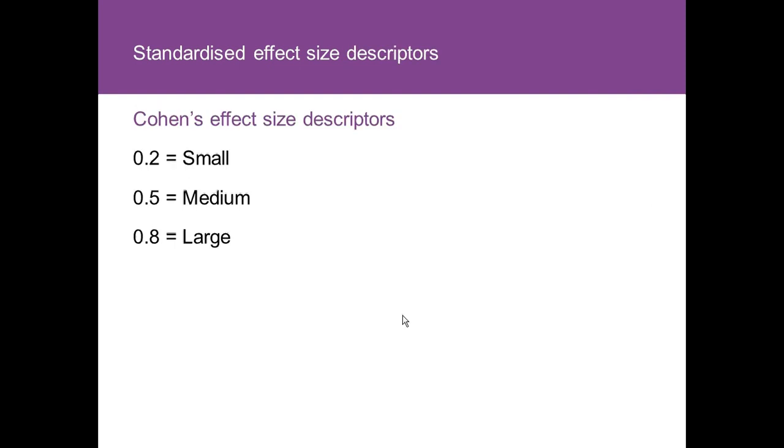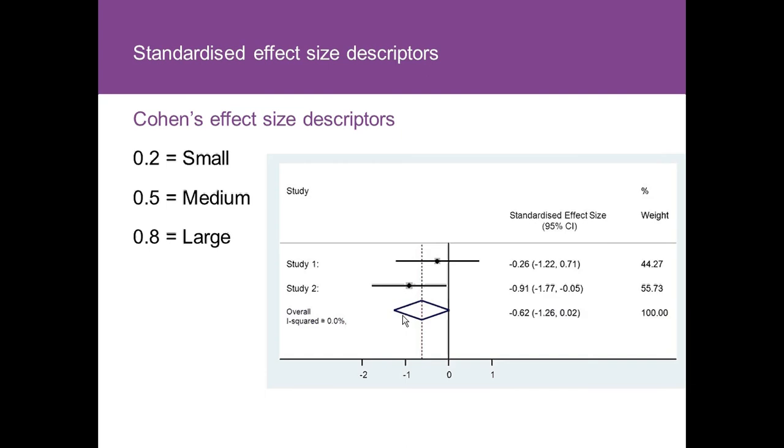Now, the good thing about standardized effect sizes is that there is a rather conventional way of interpreting them. A standardized effect size of 0.2 is considered to be small. A standardized effect size of 0.5, medium, and 0.8, large. These are arbitrary figures though, and Cohen himself recognised this when first describing them.